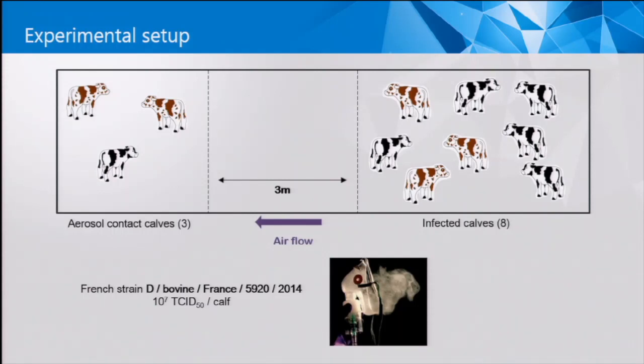This infection was done using a nebulizer mask, and in addition, 3 meters away from the infected group, we added 3 control contact calves, in order to evaluate the transmission of IDV by aerosol. So these calves were not infected. In addition, in a separate building, we also included a group of 5 non-infected negative control calves.